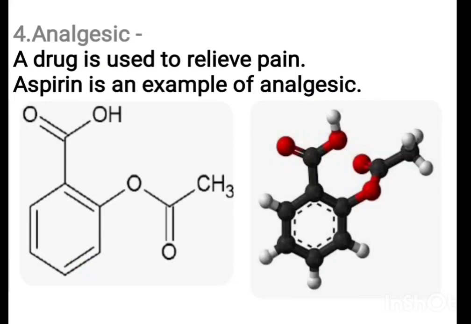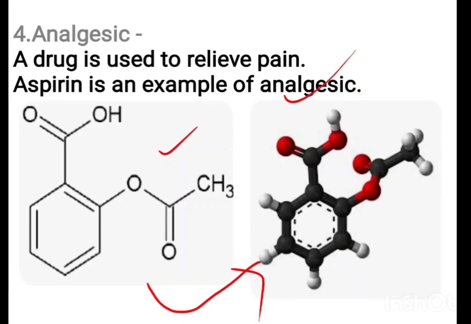Next one, analgesic. A drug used to relieve pain, a painkiller, is termed an analgesic. Aspirin is an example of an analgesic. This is the structure. Now we consider this as a ball and stick model. In the chemistry ball and stick model, for better understanding of the structure, we can connect many balls by sticks, and by using different colors of balls, we can say this is a carbon atom, this is an oxygen atom, this is a hydrogen atom, and so on.